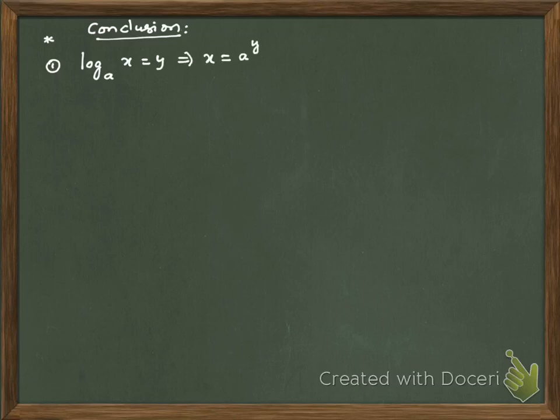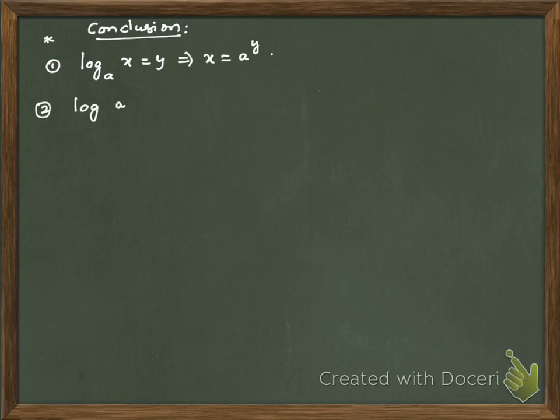Now I'll summarize once again. So the conclusion of the whole story is, I have written some formulas. What are those formulas? I will tell you. The first formula is, whenever you see something like this, log x to the base a equal to y, that implies x is a power y, if you have learned things properly.